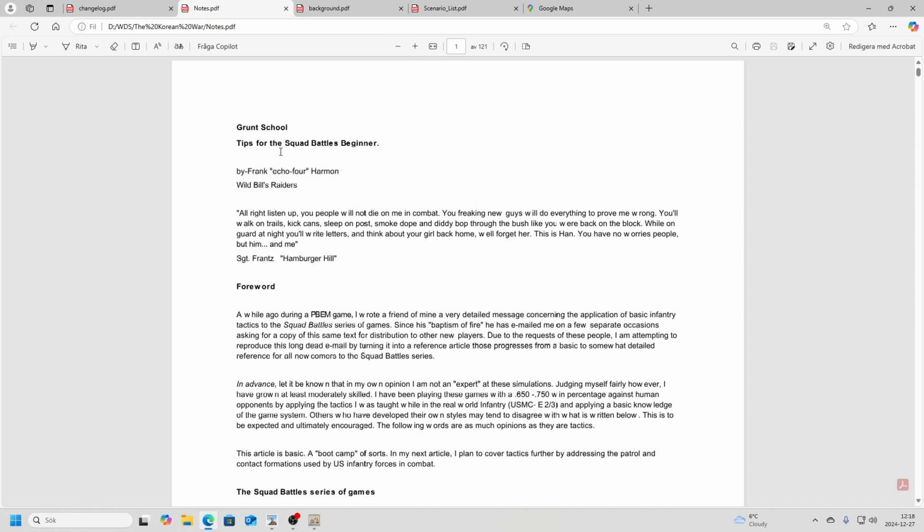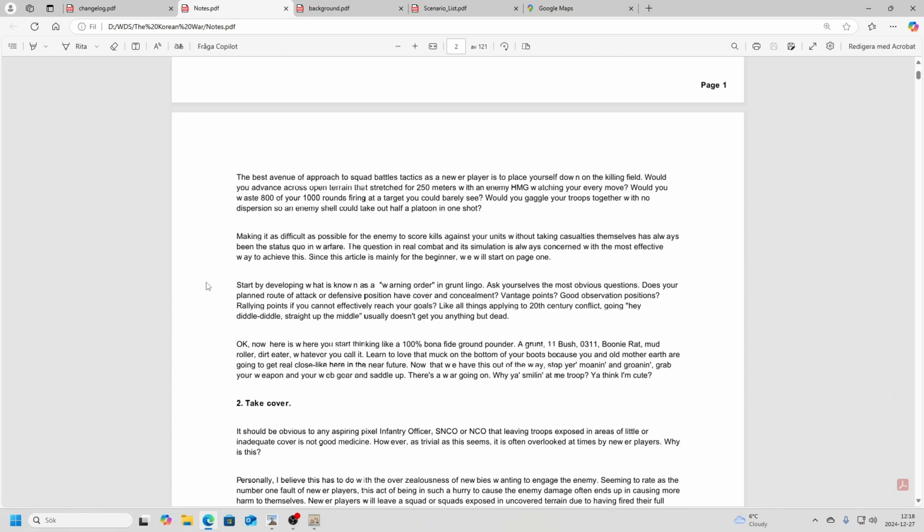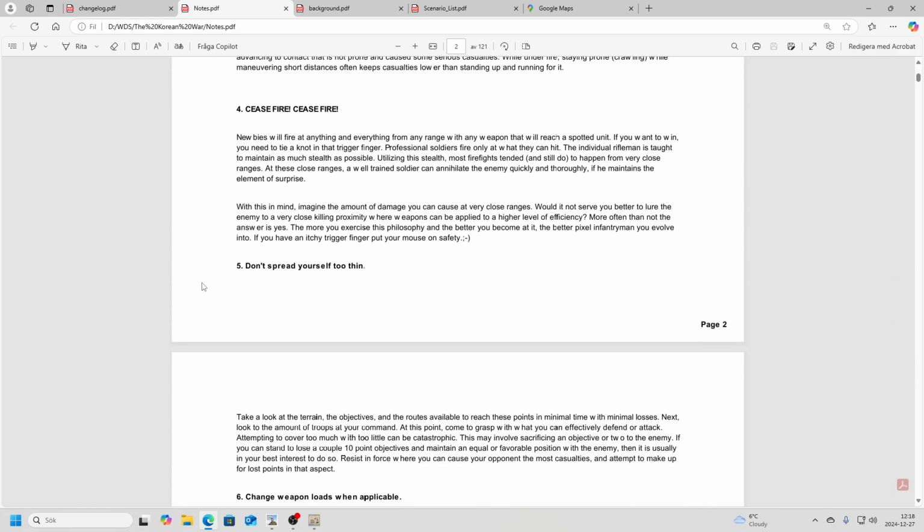So this here, Grunt School, Tips of the Squad Battle Commander by Frank Harmon, Wild Bill Raiders. It's some old school stuff here. It's really good. This is a must read, I would say, if you get this game.